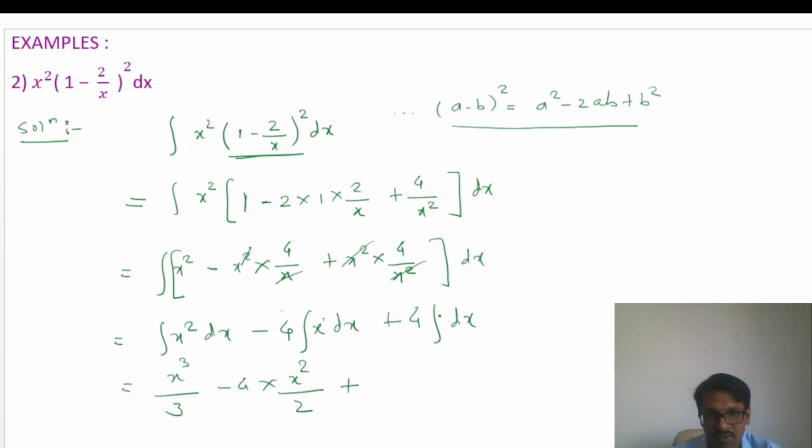Plus the integration of 1, which is x, so 4x. Then 2 into 2 is 4, and we get x cube upon 3 minus 2x square plus 4x plus c.